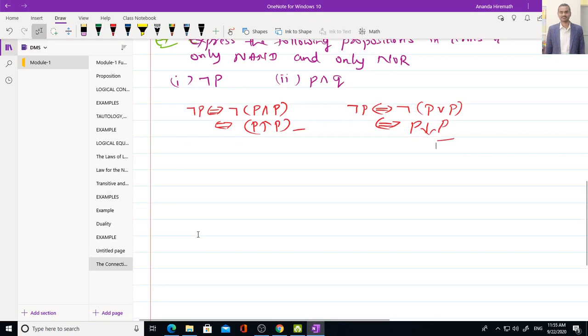Now let us consider the second example, P and Q. Now we need to represent this only in terms of NOR.